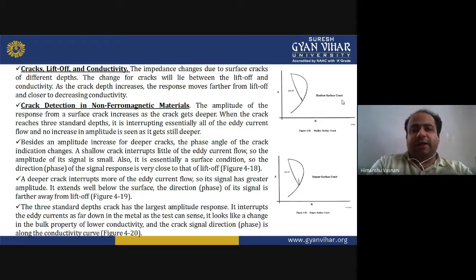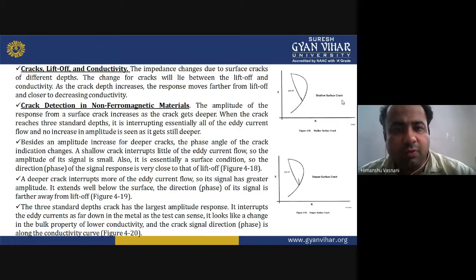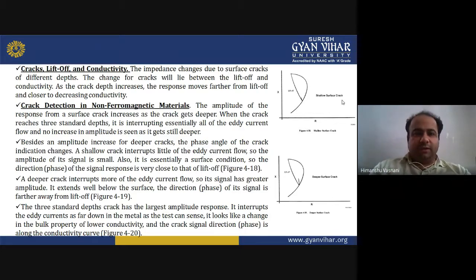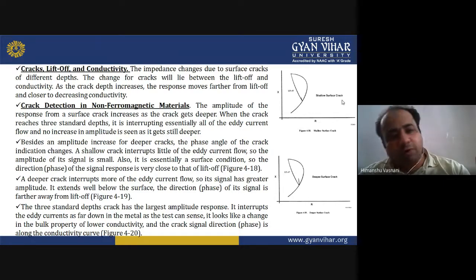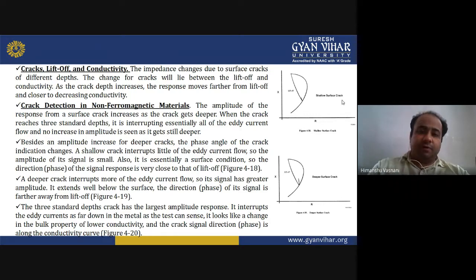As the crack depth increases, the response moves farther from liftoff and closer to decreasing conductivity. So here you can easily find out that the crack depth is increasing.